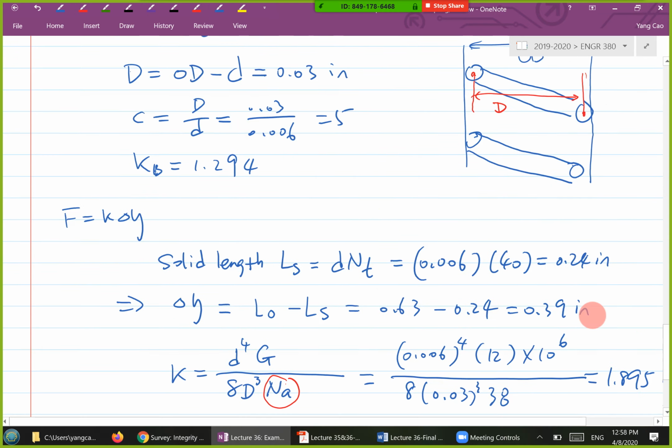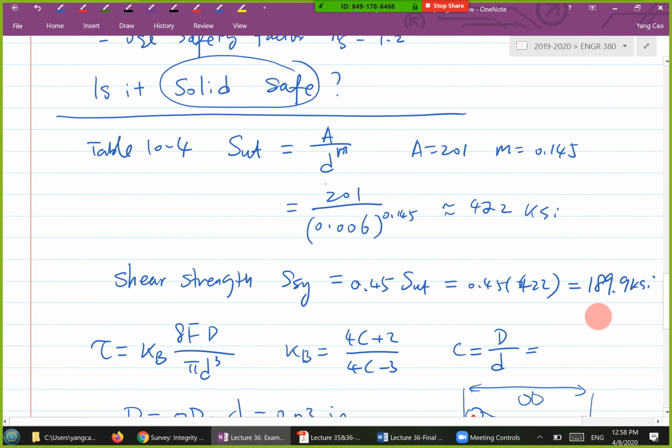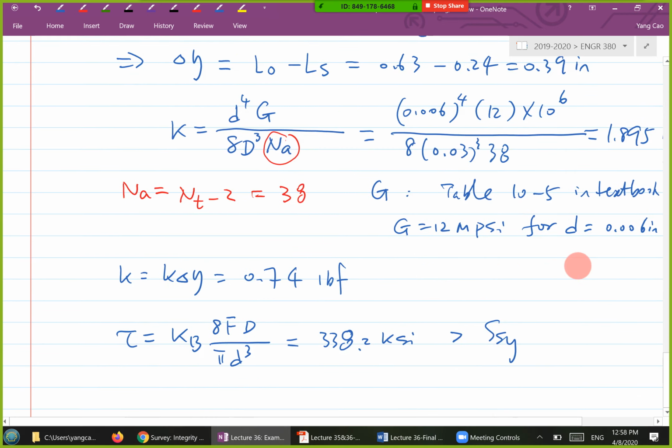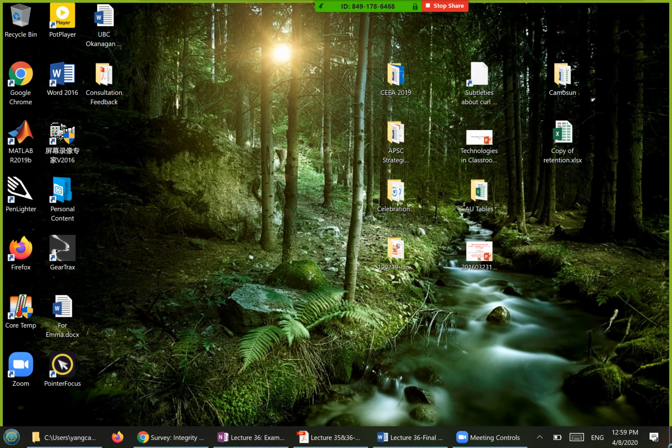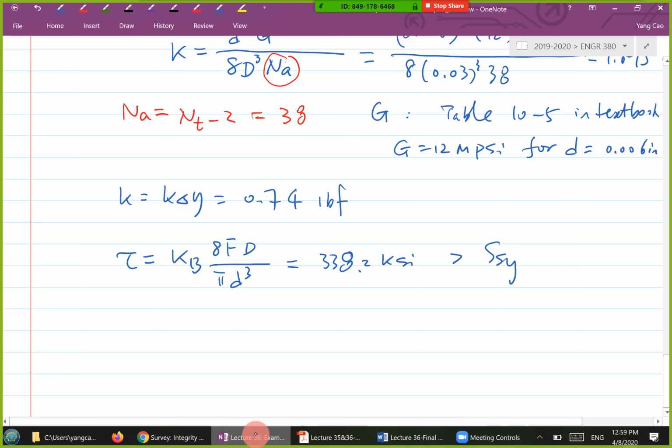SSY you have found, which is 189. So the shear stress is already more than SSY. So the safety factor here is already less than 1. But the actual safety factor required is 1.2. Which means this is not solid safe.